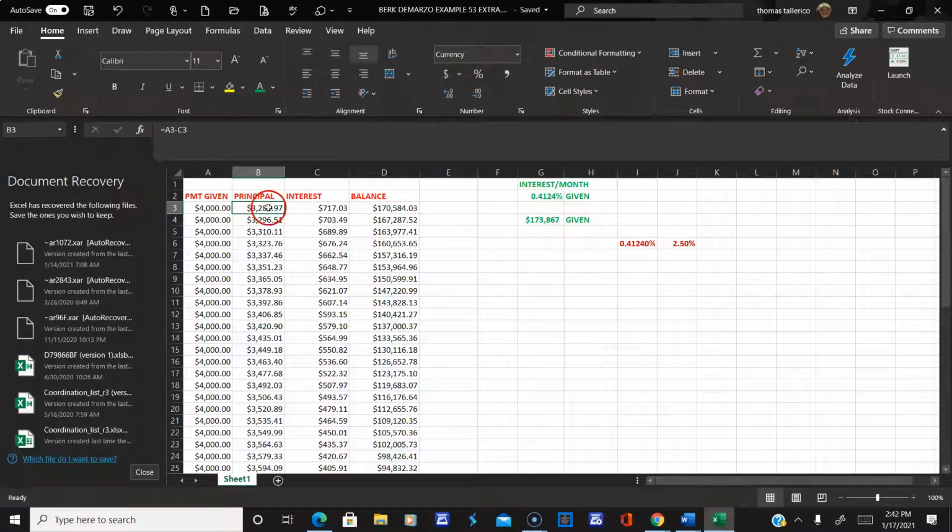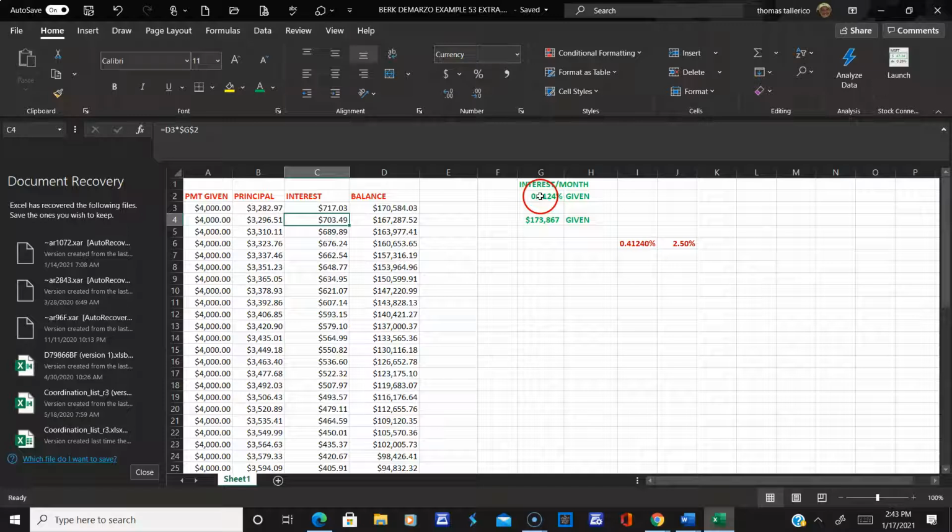So I take this principal and I subtract it off of this, which you can see right here is what I do, G4 minus B3. And this is my new balance. Okay, now I got to keep doing this, but now I got to take D3, which is my new balance, again times G2.